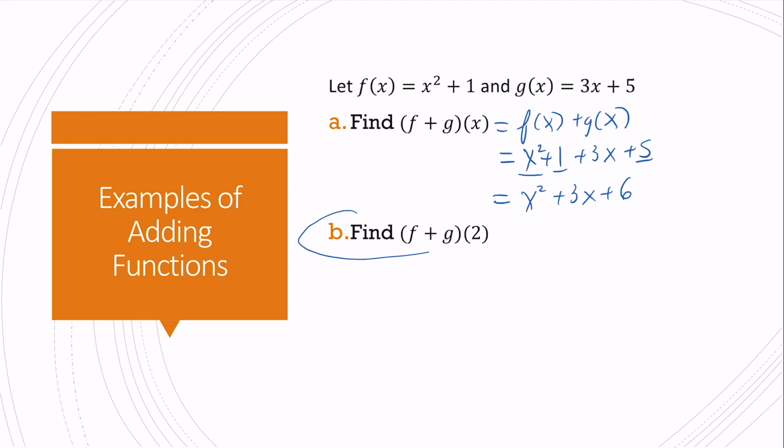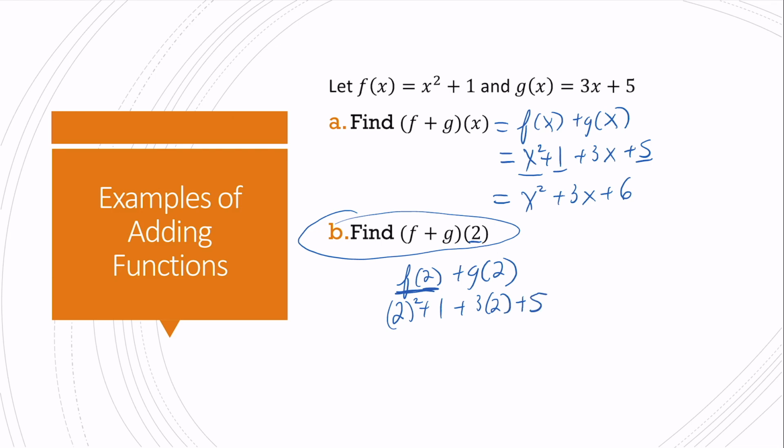But what if I wanted to find f plus g of 2? That 2 tells me that I am substituting 2 in for x. I could rewrite this as f of 2 plus g of 2. So I'm going to take 2 squared plus 1, because that's f of 2, plus 3 times 2 plus 5.